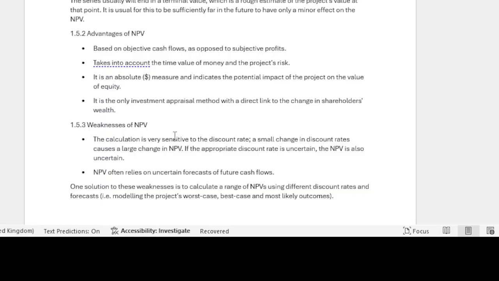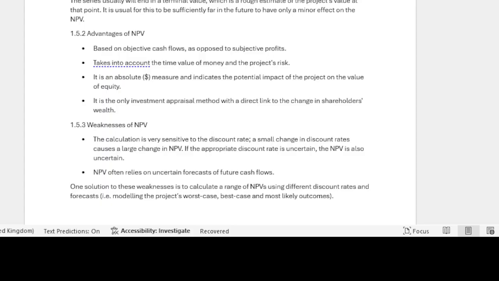Two years into the project, the rate changes, and maybe it is 13%. And with NPV, the higher the rate, the lower the profitability. So if the discount rate increases, it affects the profitability at the end of the project. So it's very sensitive to the discount rates, which makes it a little difficult to assess the actual return at the end of the project life.